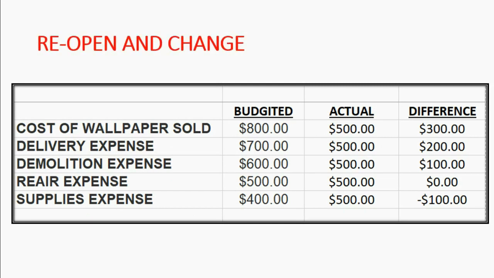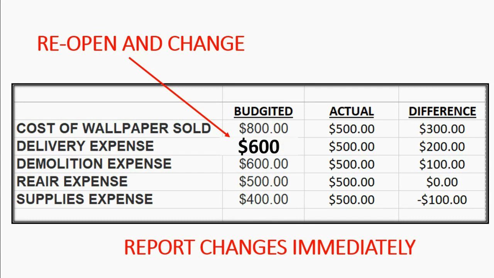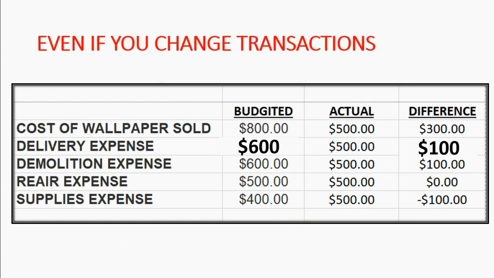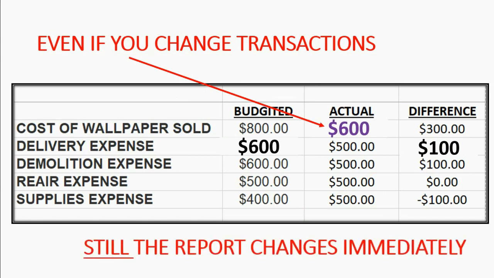So, if you reopen the budget and change a specific budgeted amount, and then you run the report, it will change immediately and show you the difference between budgeted and actual based on that change. In fact, even if you change the actual transaction for the time period of the budget, you reopen the report, and still the report will change immediately to reflect the difference between the budgeted versus the actual.